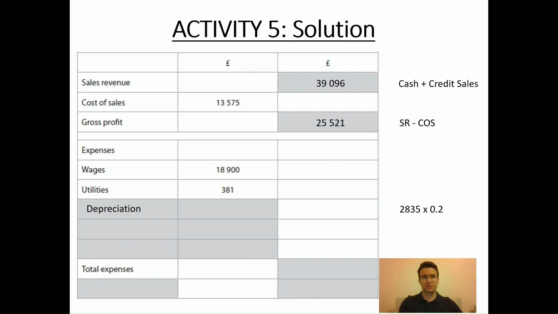However, she chose to depreciate them at 20% per year. So we have to work out 20% of 2,835. And we came up with a figure of £567. I'll do a separate video about the straight line depreciation versus the reducing balance method of calculation.